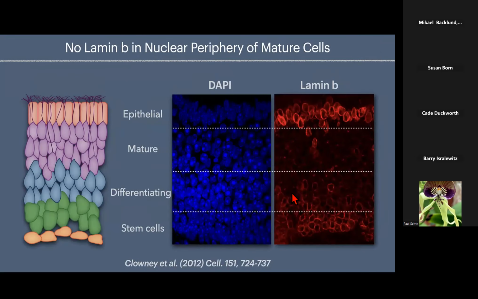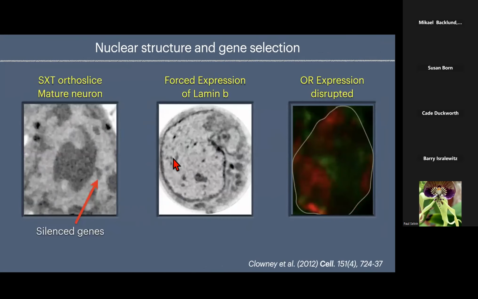He also noticed that lamin B leaves the differentiating cells, and the mature cells have no lamin B in them. So what he did was force a mouse to express lamin B, and you disrupt that central localization of chromatin moving to the inside. If you force the lamin B to stay in the nucleus, you also disrupt gene selection.